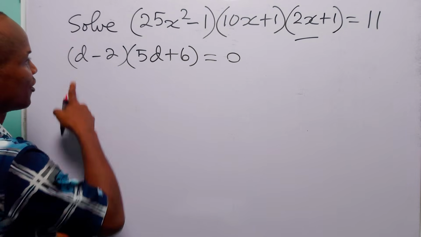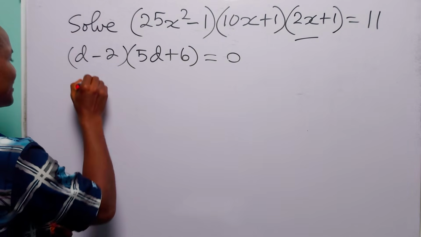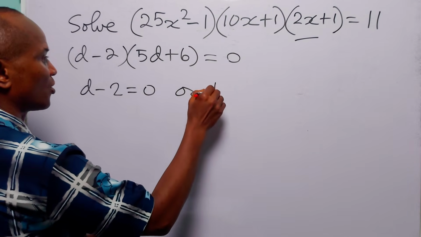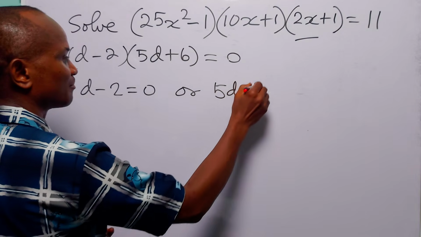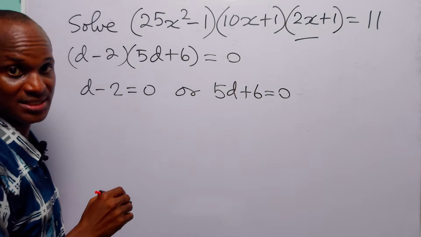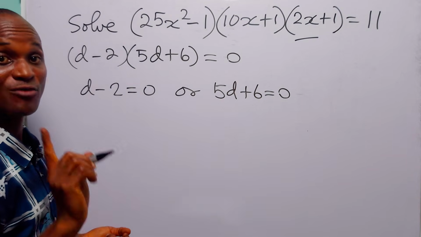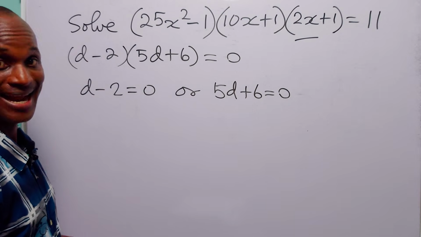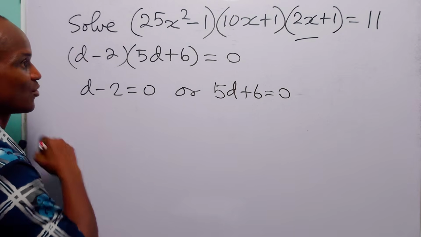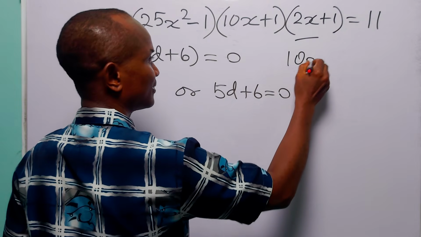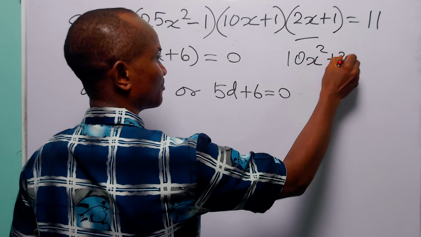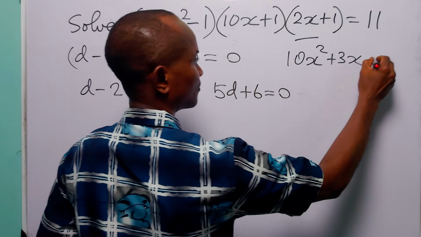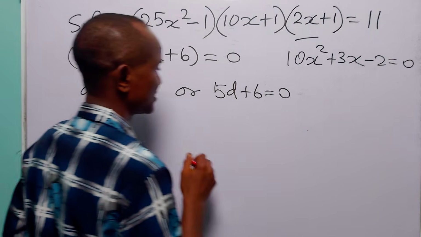And of course, from here, we have that either D minus 2 is equal to 0 or 5D plus 6 is equal to 0. And finally now, remember that D is 10x squared plus 3x. So in this case, we have that 10x squared plus 3x minus 2 is equal to 0.